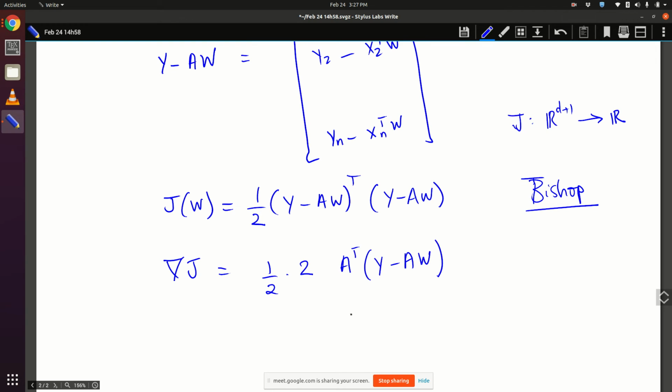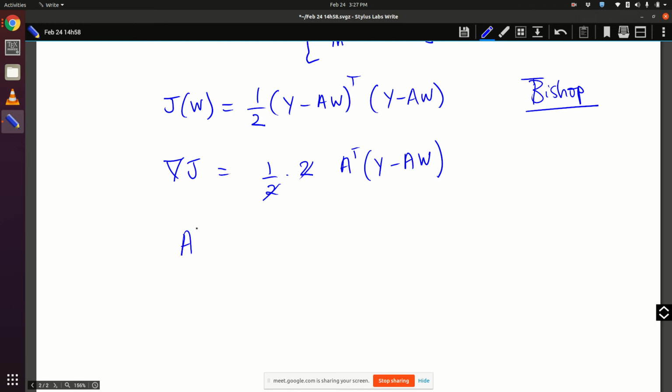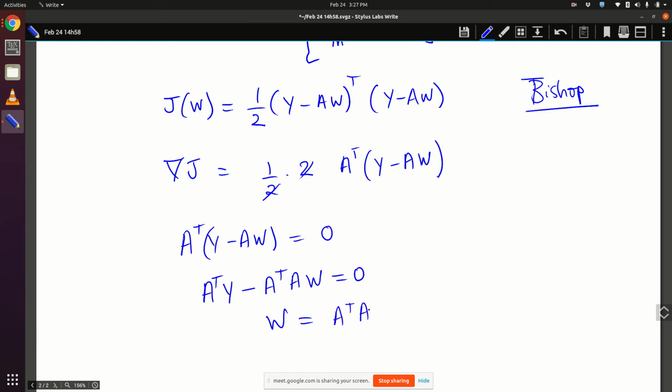This 2 and this 2 get cancelled. So basically A transpose (y minus Aw) is equal to 0. Now we solve for w, because w is the value we are interested in. We get A transpose y minus A transpose A w equal to 0. So w is going to be (A transpose A) inverse A transpose y. This is the expression for w.